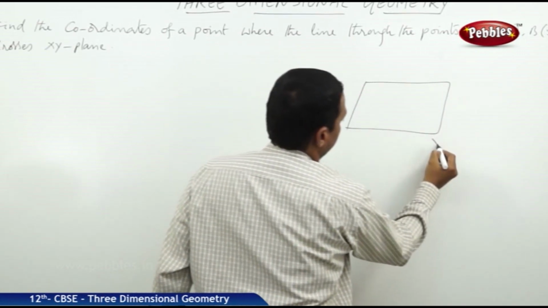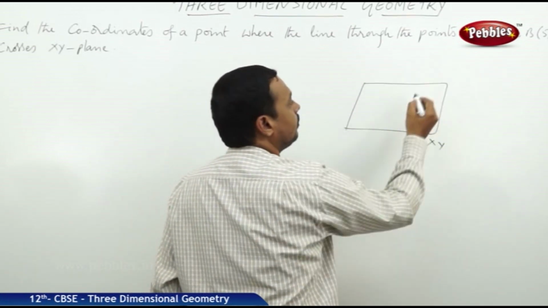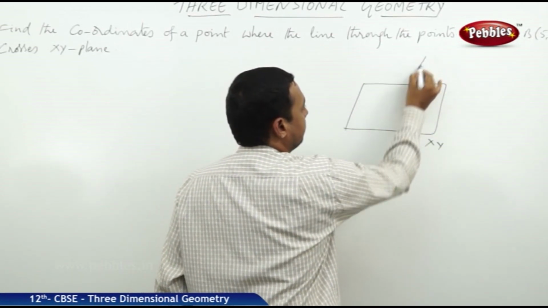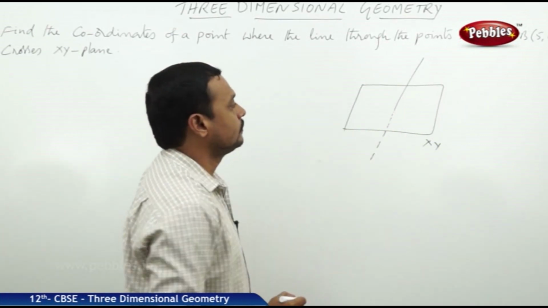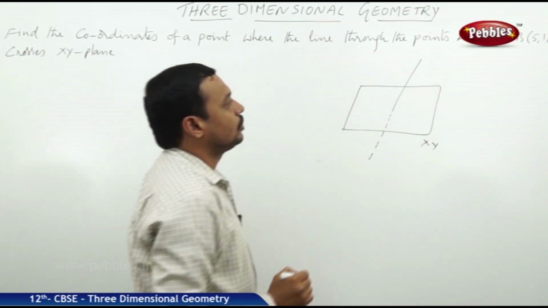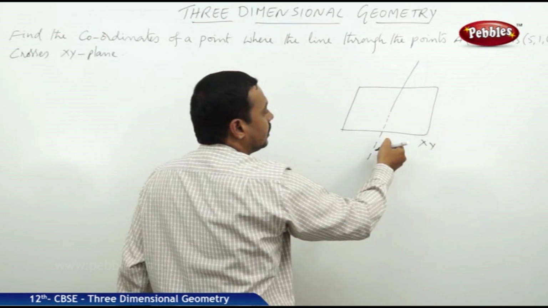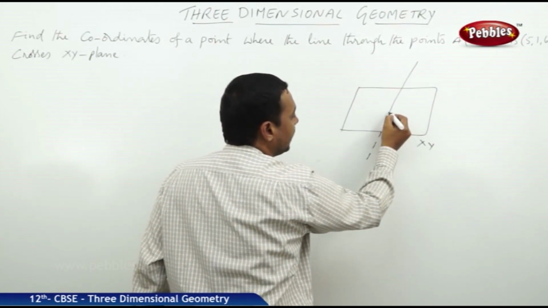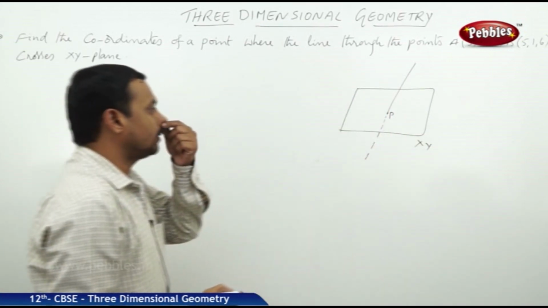Suppose this is the xy plane and the line passes through the given points A and B and cuts the xy plane at some point. Now, what are the coordinates of that point?